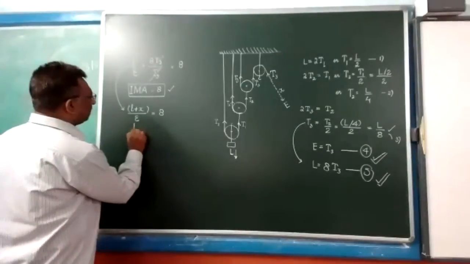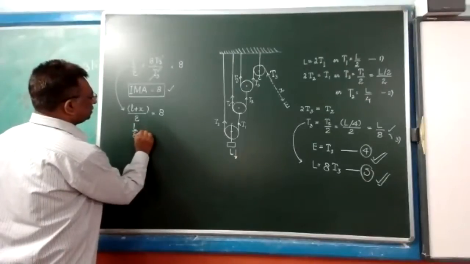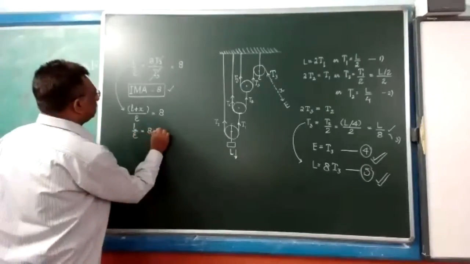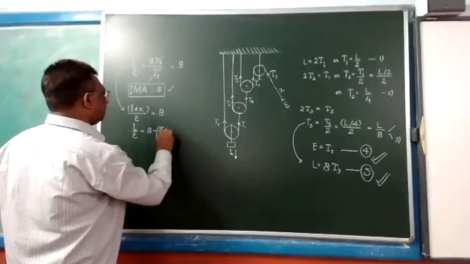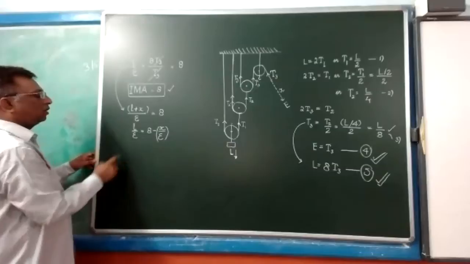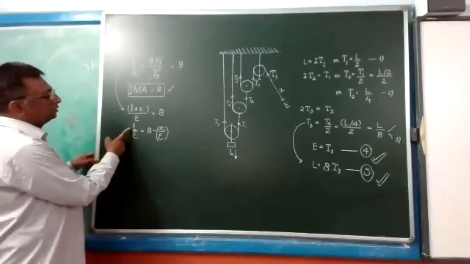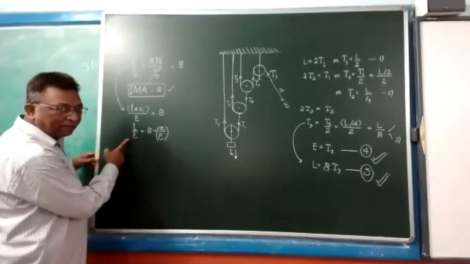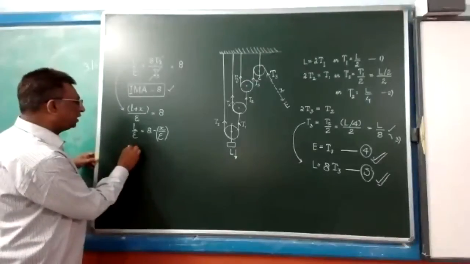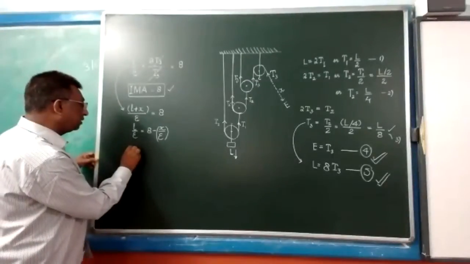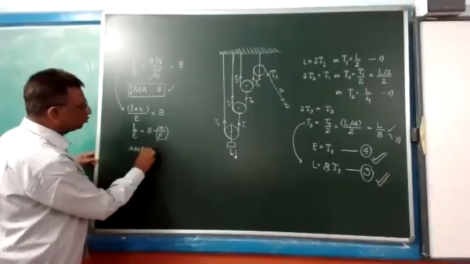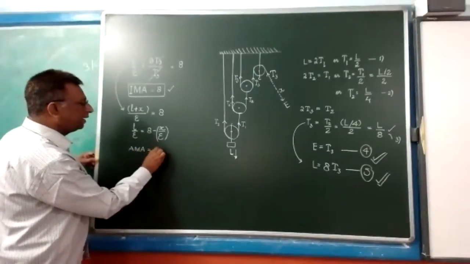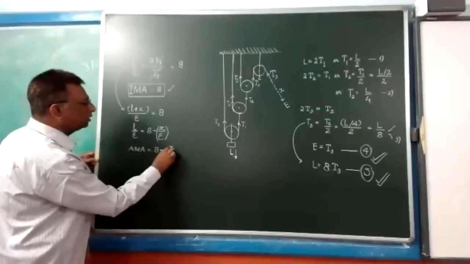So small l upon capital E is equal to 8 minus x upon E. On the left hand side is small l upon capital E, which gives the actual mechanical advantage. So actual mechanical advantage is 8 minus x upon E.